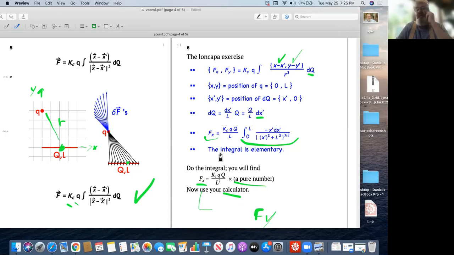Well, the only difference is instead of x minus x prime here, I'll put in y minus y prime, which is just L. So just have L dx prime over x prime squared plus L squared to the 3/2 power. Actually, that was one of the integrals on the first homework assignment.